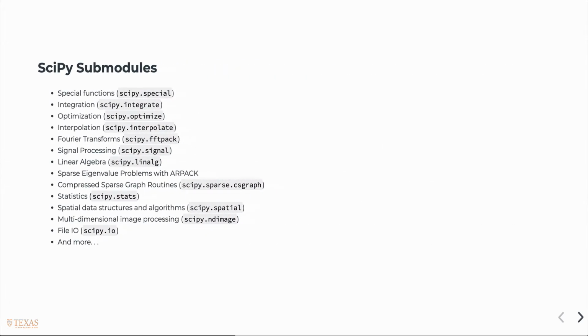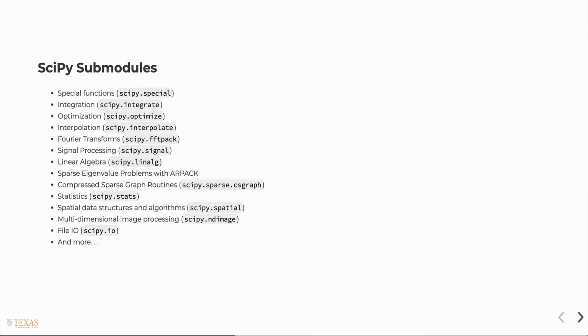So most of the libraries in SciPy are organized into these special submodules. The SciPy special submodule is one where you have your special functions, like Bessel functions and things like that you need to evaluate.